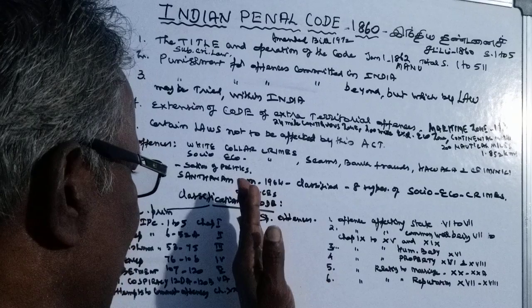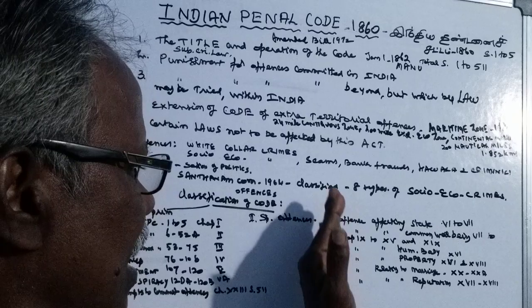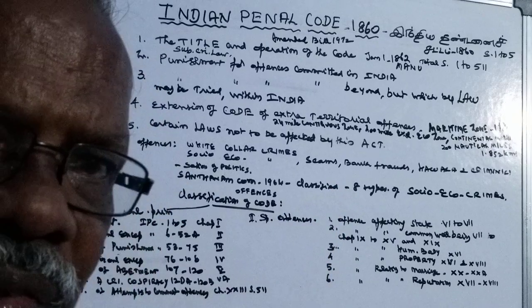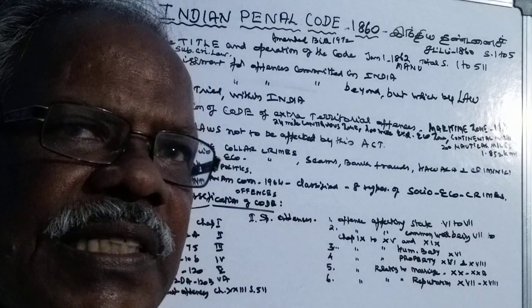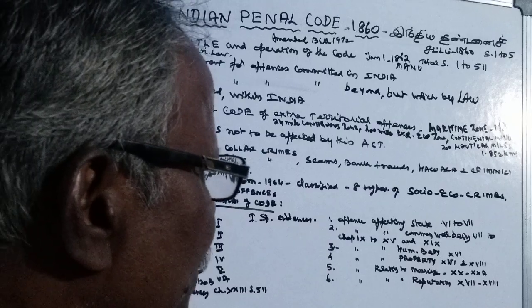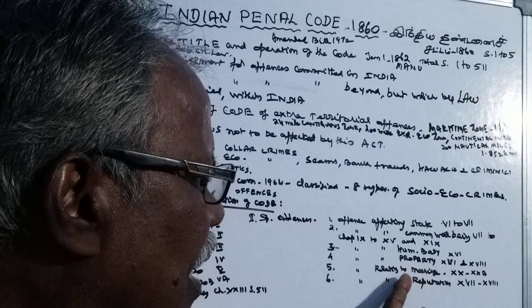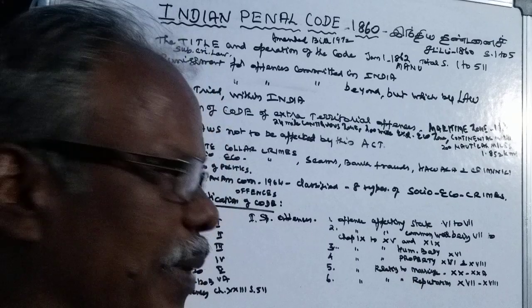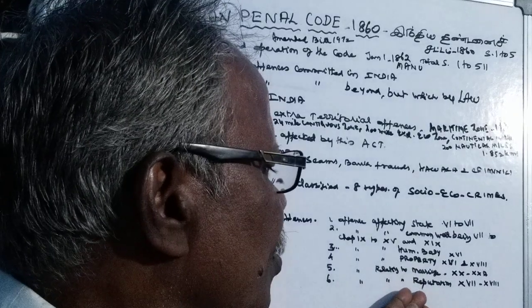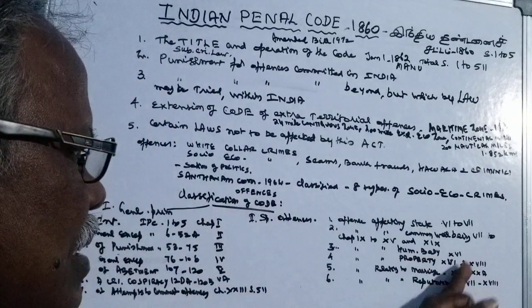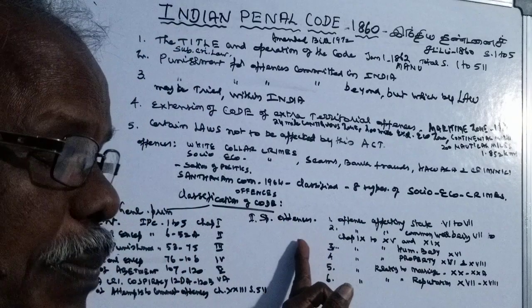And special offences are offences affecting the state, offences affecting property, offences of common well-being, offences affecting the human body, offences relating to marriage and offences relating to reputation. These are all special offences, that is specific offences.